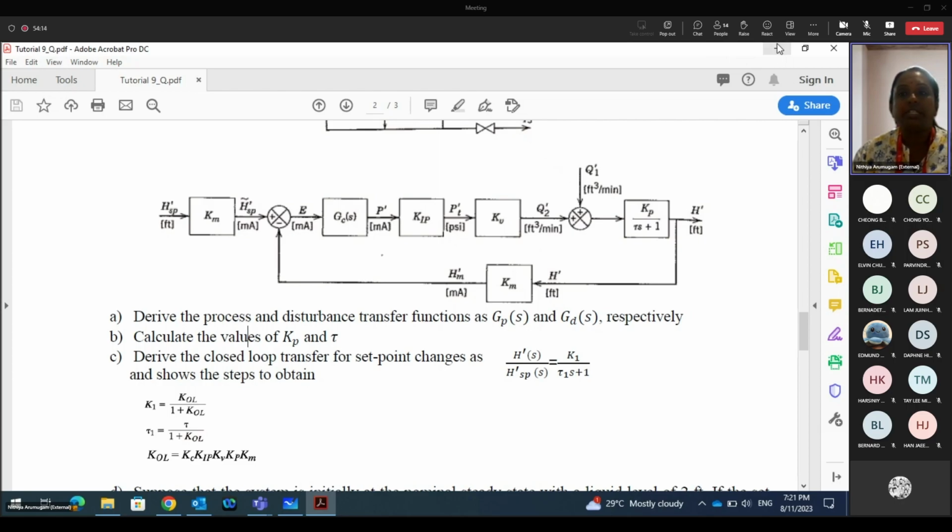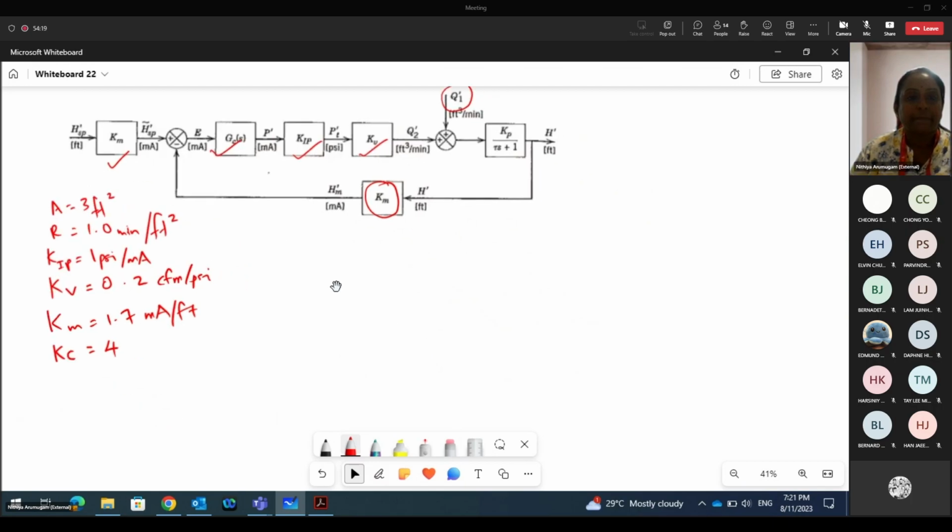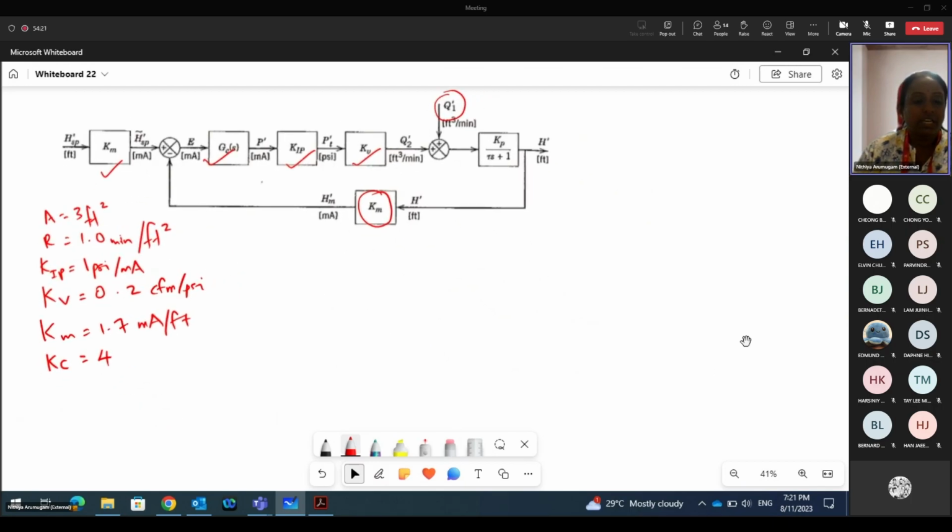So how to derive this expression from here? If you remember, the general form of deriving the disturbance in a level monitoring system is expressed in terms of the area and dH over dt. This is the level over time, equated to Q1.